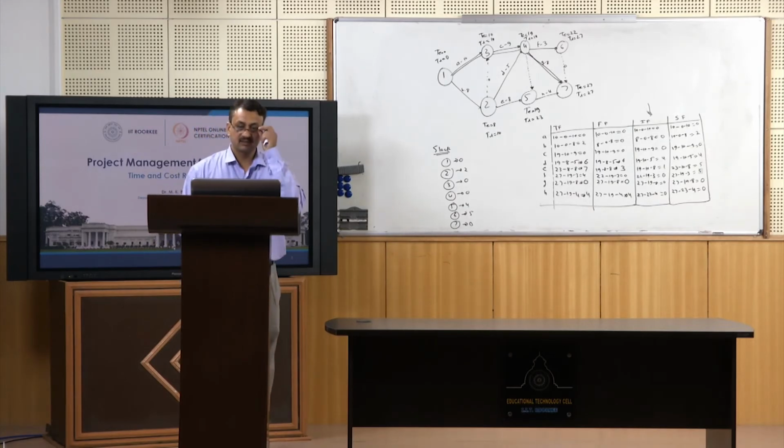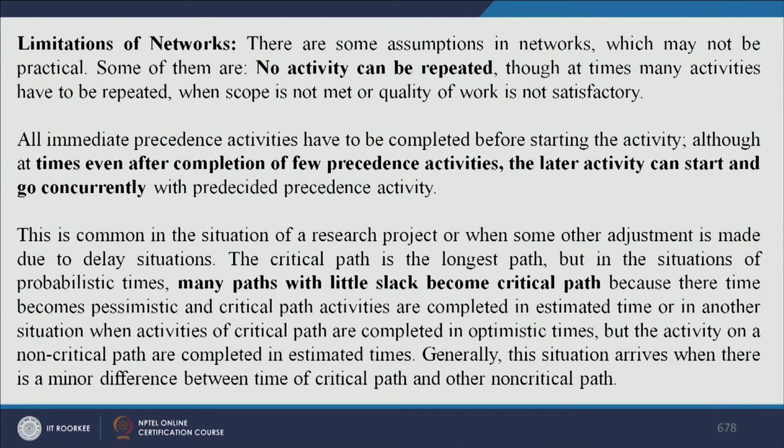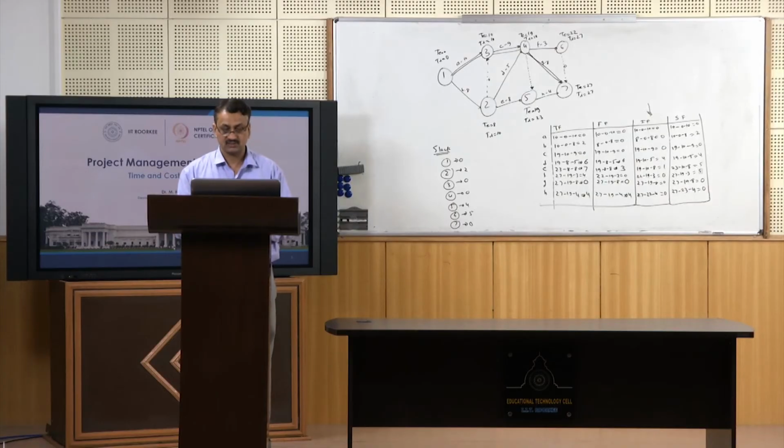The second problem is that we assume that we will start a succeeding activity once all the preceding activities are finished. Now this is quite an unrealistic assumption. In real life you can have different situations.